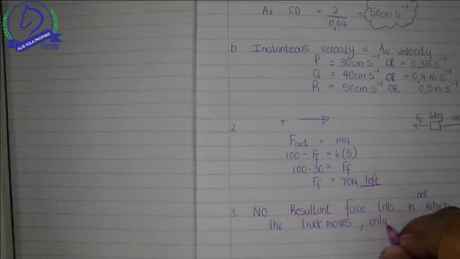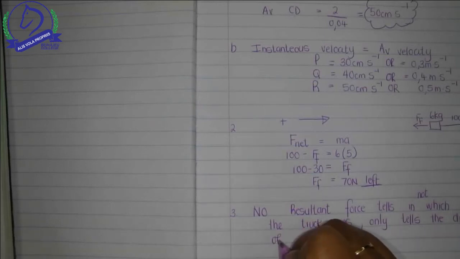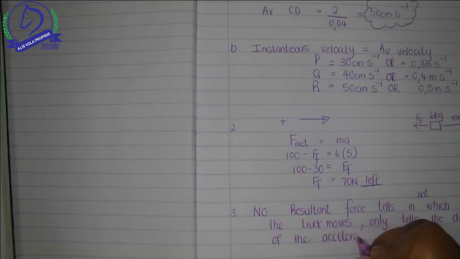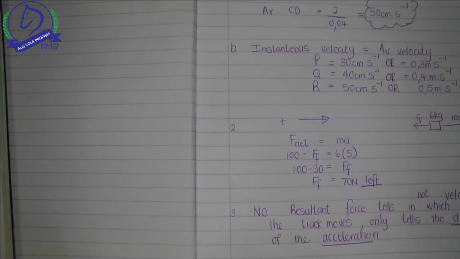It only tells us the direction of the acceleration. So just remember that. I think I just got mixed up there. It doesn't tell us in which direction the velocity is, but it tells us in which direction the acceleration is. Okay, and we can now go to question number 4.